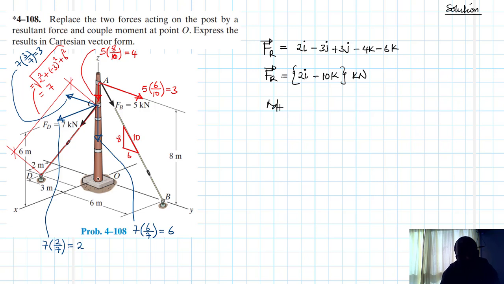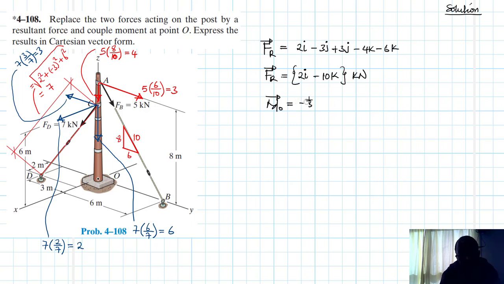Let's go to the moment. That's moment about point O. So component by component, let's start with the red. Let's check on what we are going to have. We'll start with moment about the x-axis. Are we going to have any component contributing to the moment about the x-axis? Yes, this 3. And this 3 is going to have a negative, right? A negative about the x-axis.